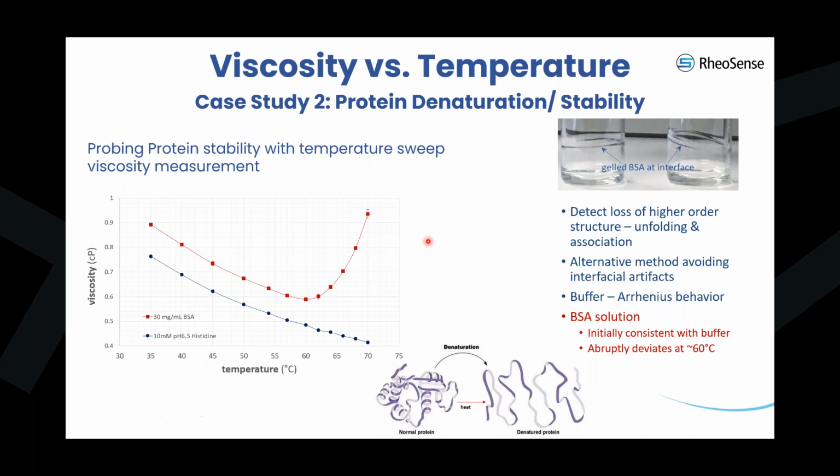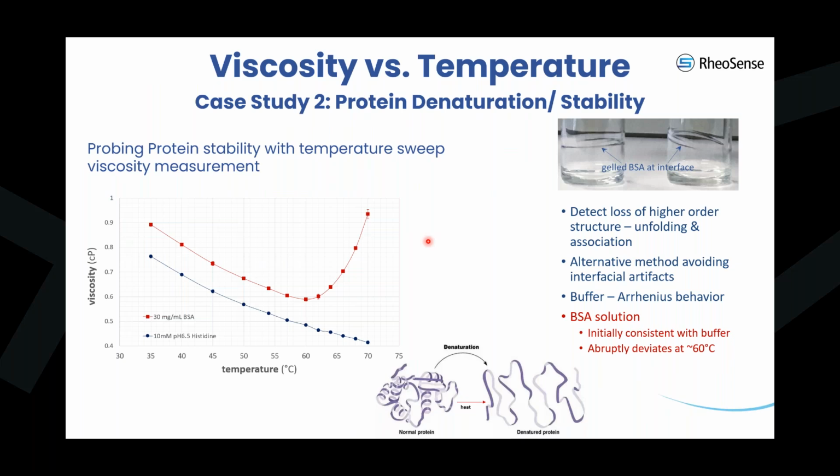Now let's look at the next case study and see how viscosity of protein changes with temperature and how this can help us detect protein denaturation in solution. Typically, simple solutions like buffer show a smooth, predictable decrease in viscosity as temperature goes up, something we call Arrhenius behavior.